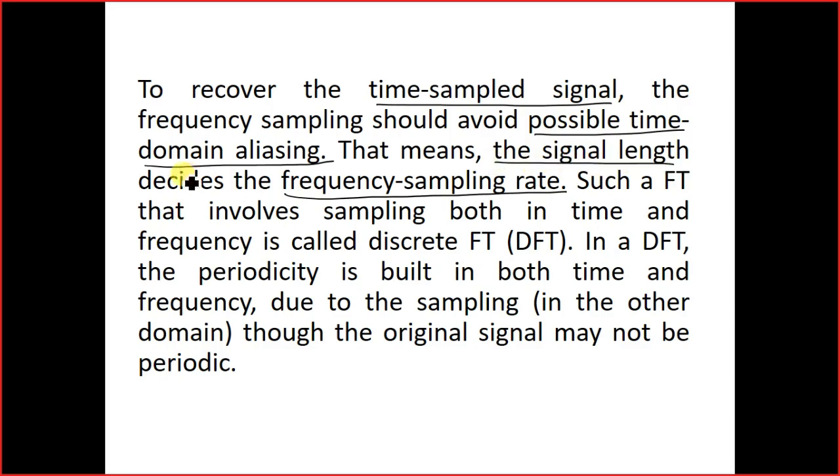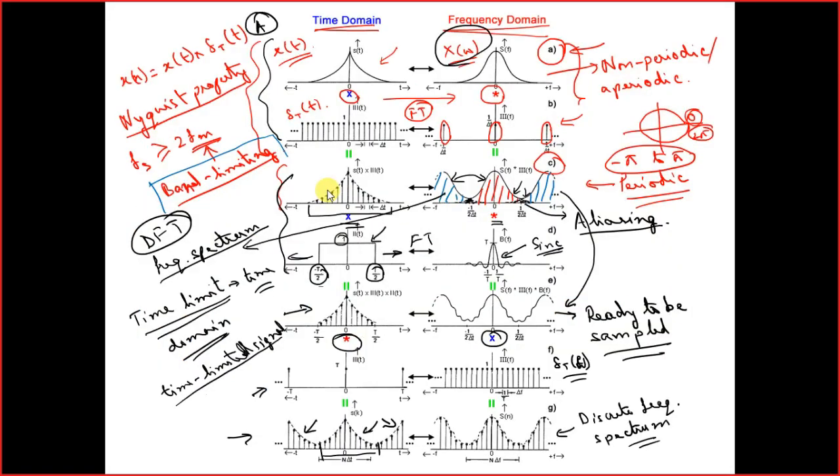The signal length decides the frequency sampling rate. In the Nyquist property, the maximum frequency within the signal affects the frequency at which we will be sampling.